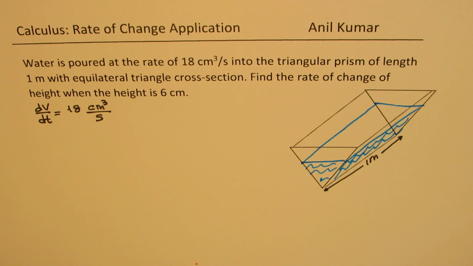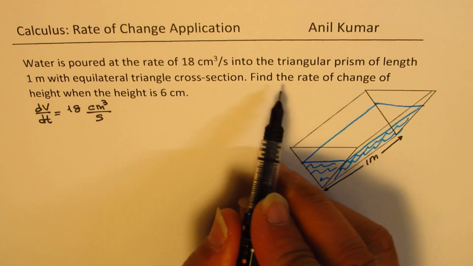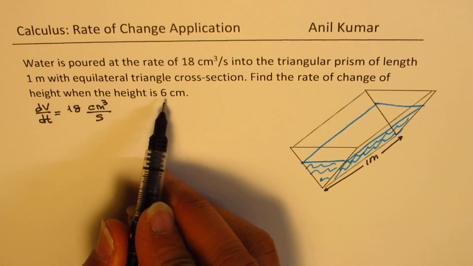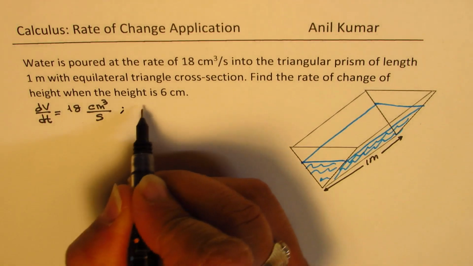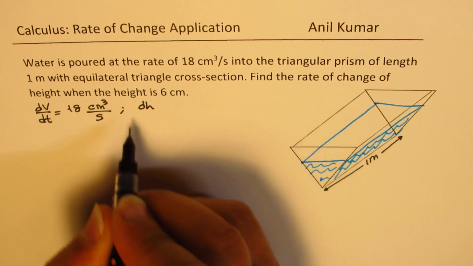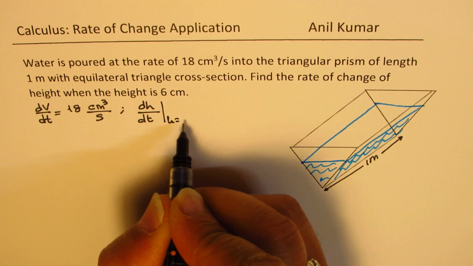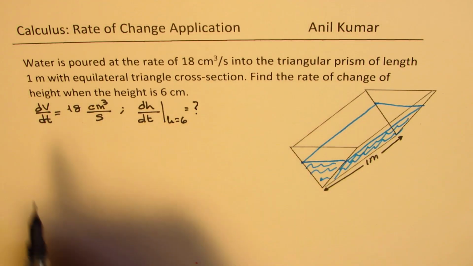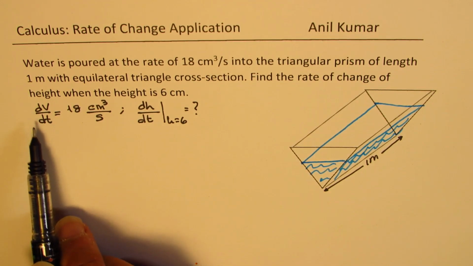Now the idea here is, since we need to find the rate of change of height when the height is 6 centimeters, the height is varying with respect to time, since water is being poured. So we have to find dH/dt when height equals 6. We know dV/dt.